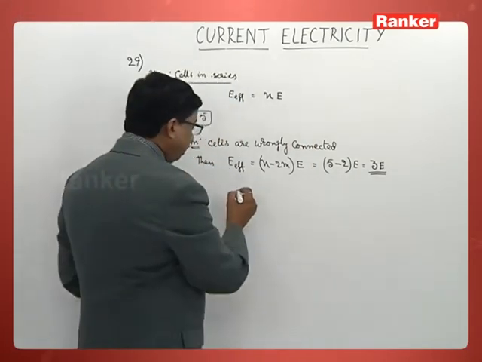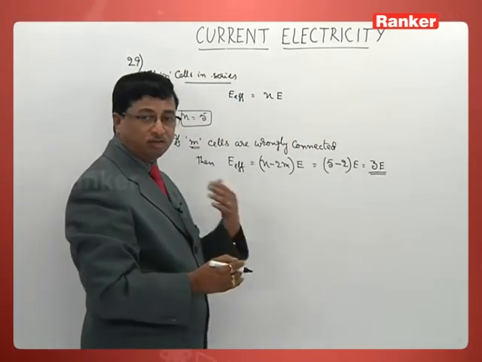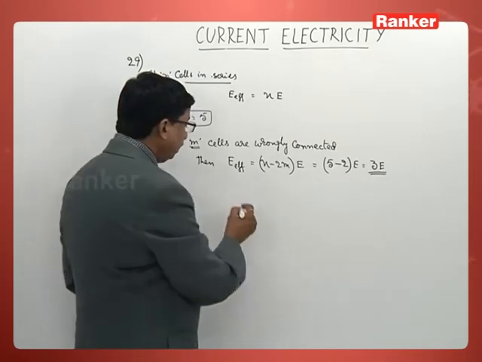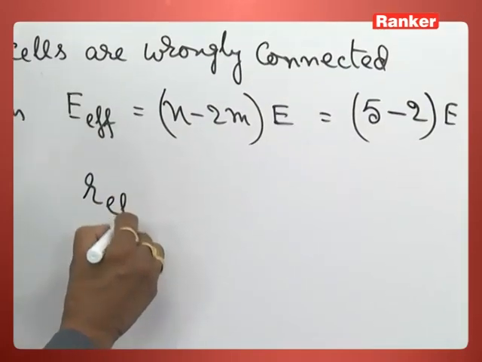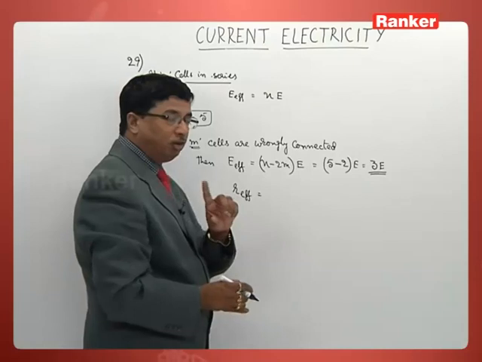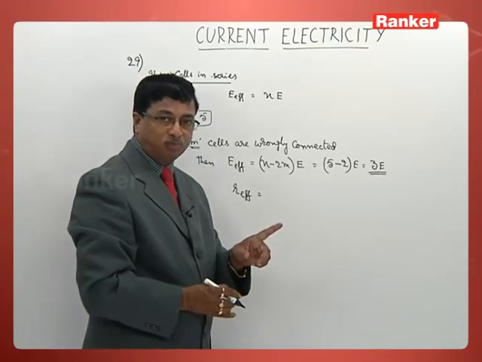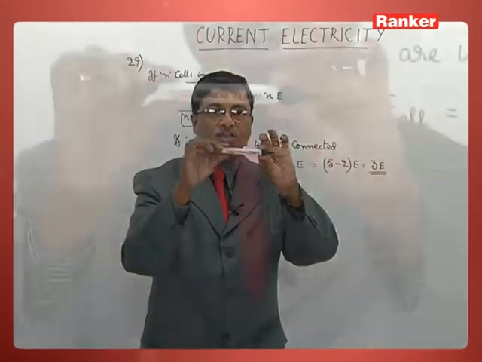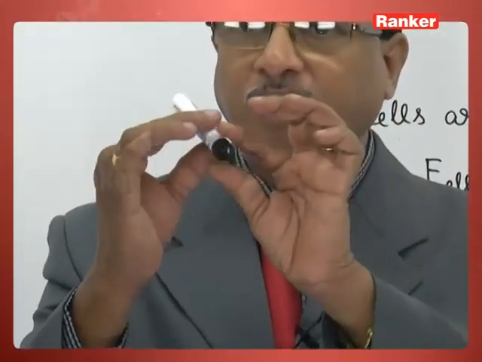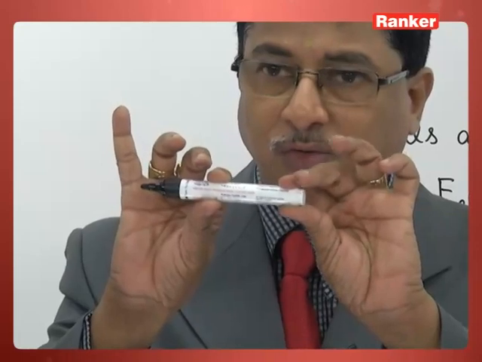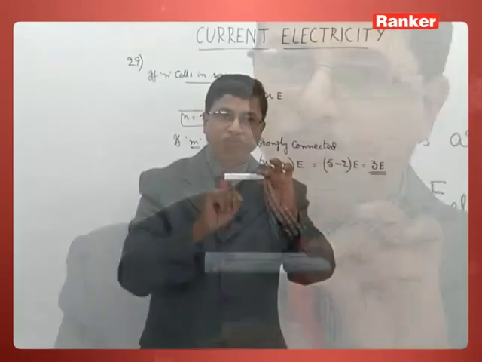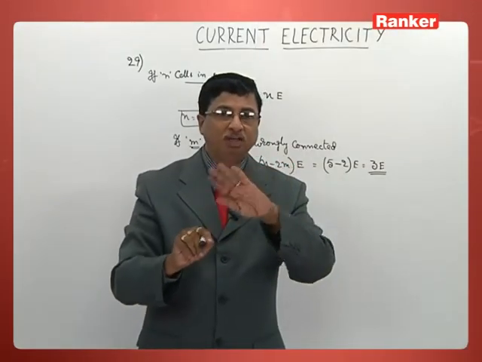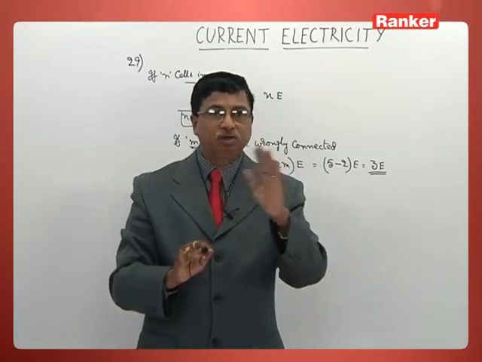But what would be the effective internal resistance? That's what he is asking. So internal resistance effective value will never be cancelled, I have already told you. A resistance, when I show you this way, this is resistance R. Even if I reverse it, its resistance will be the same. So resistance will not have a negative value. Resistance will never be varied.